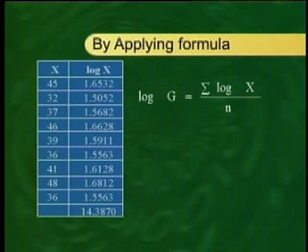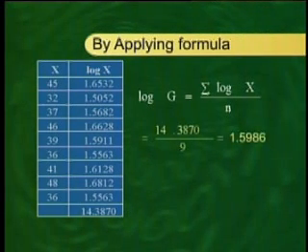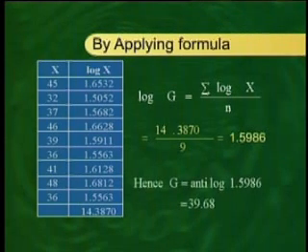Dividing that by the total number of observations, that is 9, log of g comes out to be 1.5986. The last step is to take the antilog, and doing so, the geometric mean of these 9 values comes out to be 39.68. ये तो हुआ formula for the geometric mean in case of raw data.